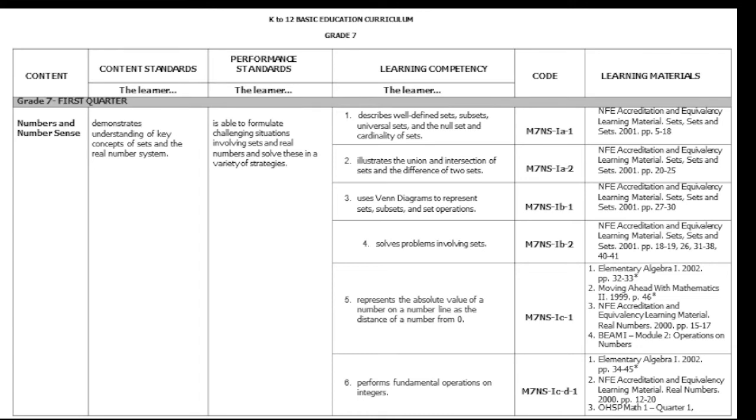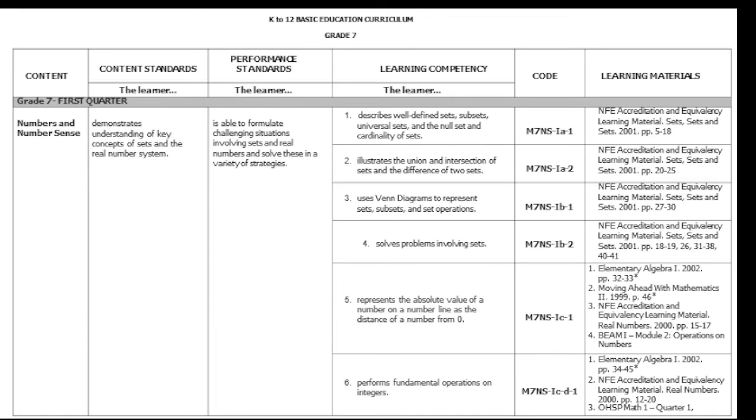As you can see there, content, that's the entire lesson for the whole semester or quarter, and the content standards. Okay, this is what we call what to know. Imagine yourself as both student and teacher. What do you really want them to know? In this one, demonstrating understanding of key concepts of sets and the real number system.